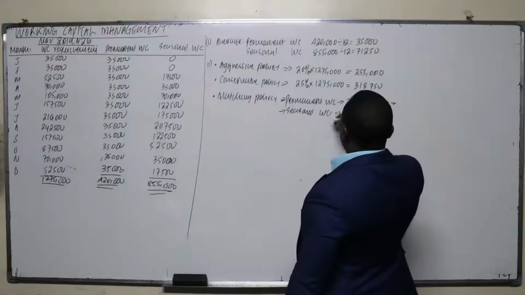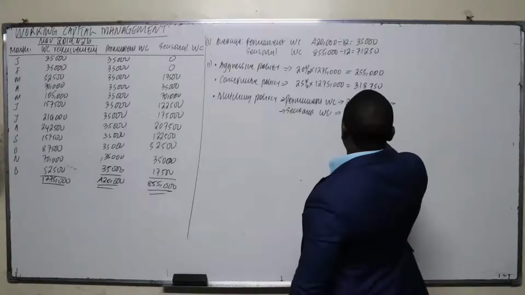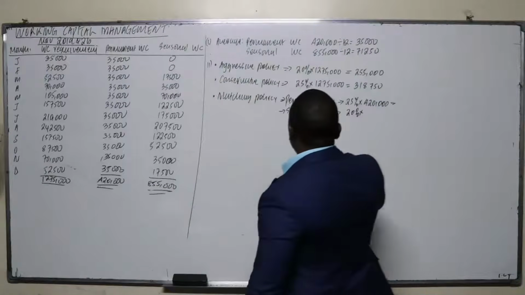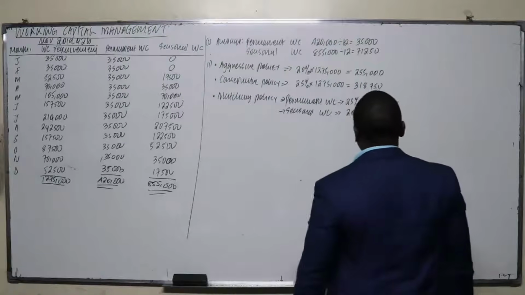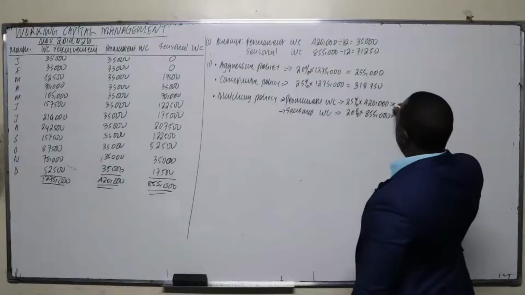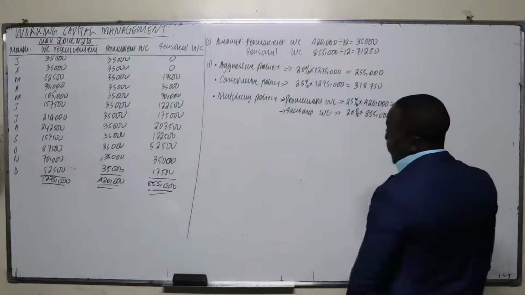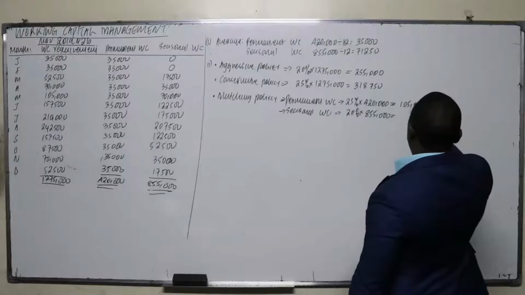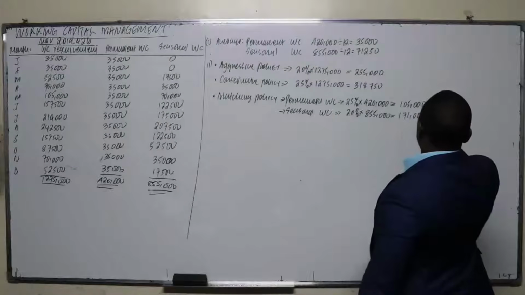Then for seasonal or fluctuating working capital, use the short-term sources of finance, which is 20%, and the total seasonal was 855. What do you get? 25% of 420 is 105, and 20% of 855 is 171. Now we add the two.